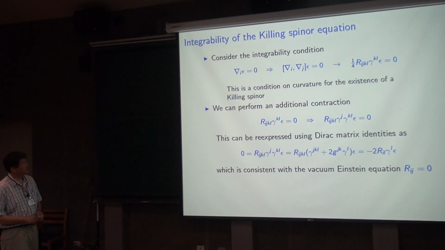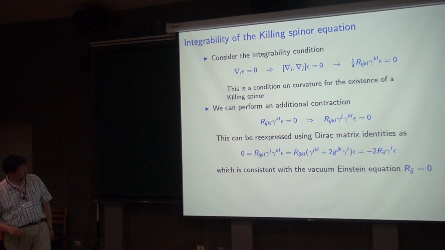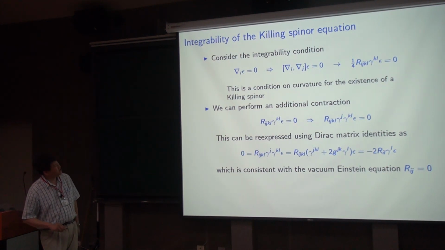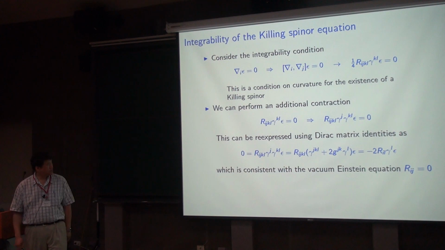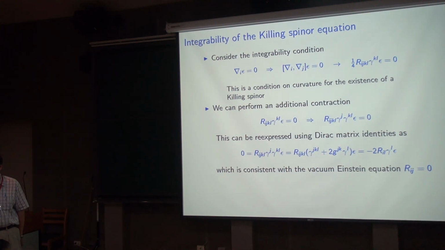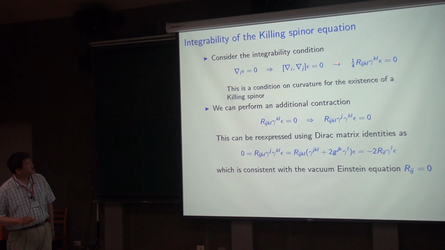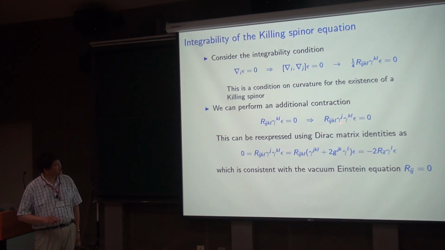So let's look at the integrability condition. Exactly as I said, you have a commutator of two covariant derivatives. It gives you curvature. This is curvature acting on a spinor. So it's a Riemann tensor contracted with this antisymmetric 2-index gamma. There are various tricks I can do with this equation. One thing I can do is multiply this equation on the left by gamma^j. Now I have three gamma matrices.